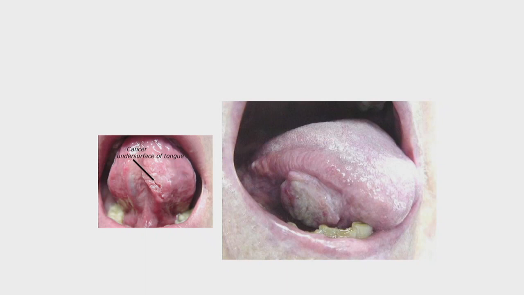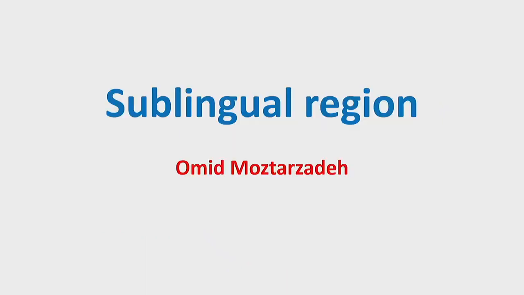Since the lymph node is involved, it is spreading through the body, and then it's not operable. That's why it's important to follow this clinical examination.